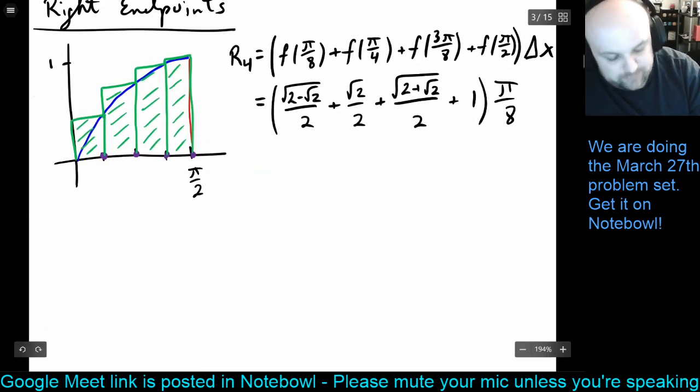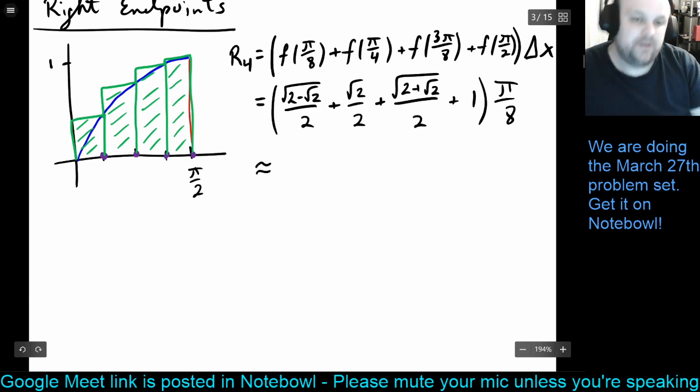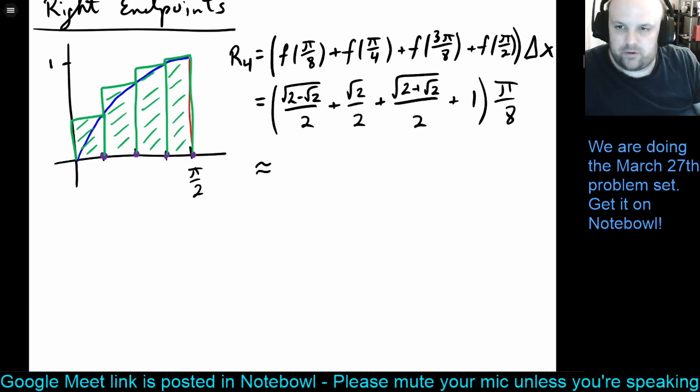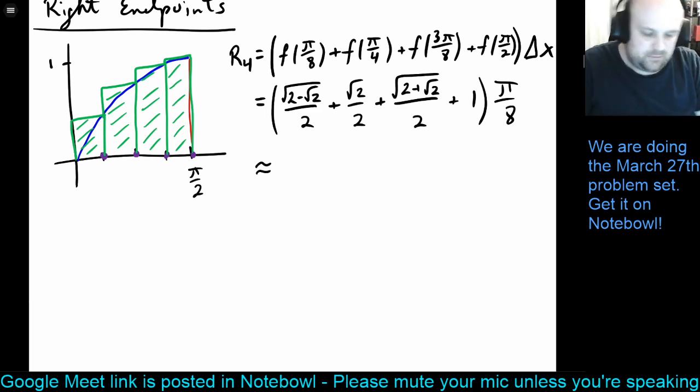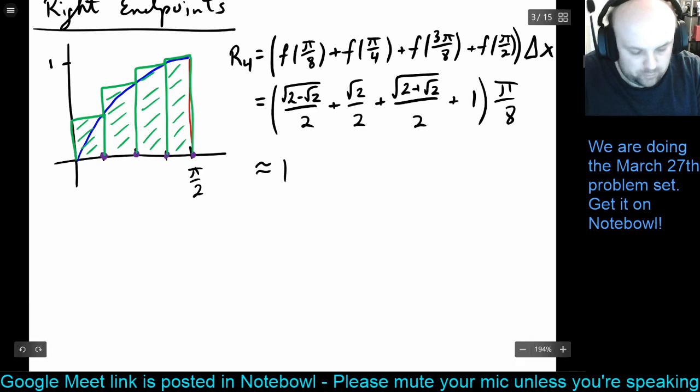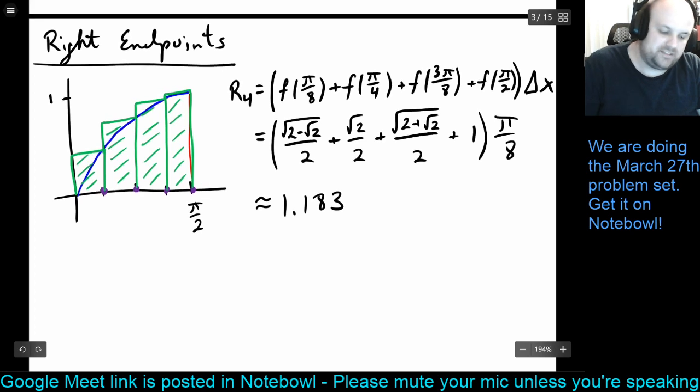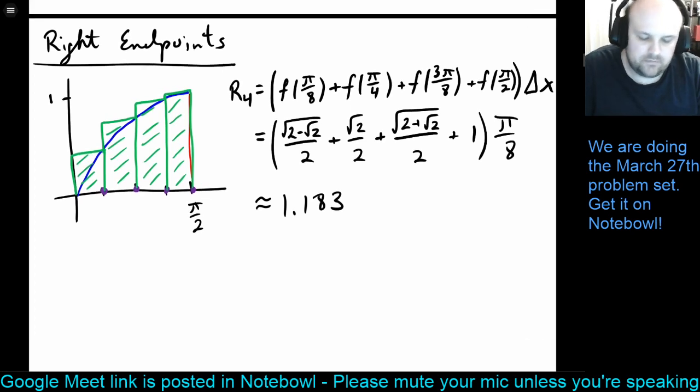So we'll go ahead and run this through a calculator again, or Mathematica. Let's do that. So this one will be about 1.183. The right endpoints here. Does that look good? Any questions about this one at all?